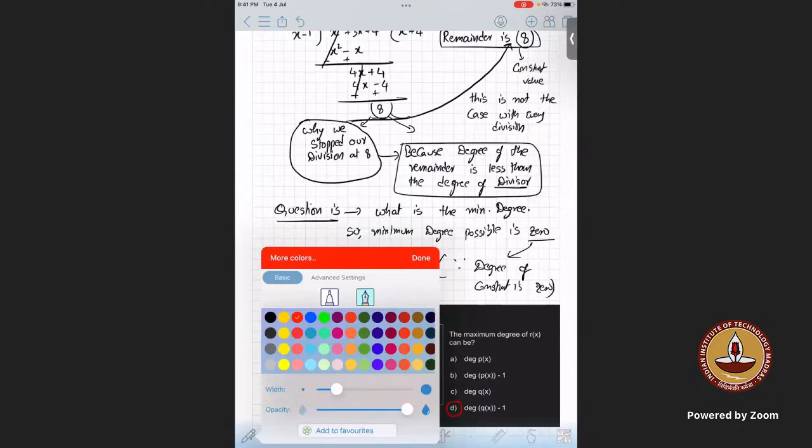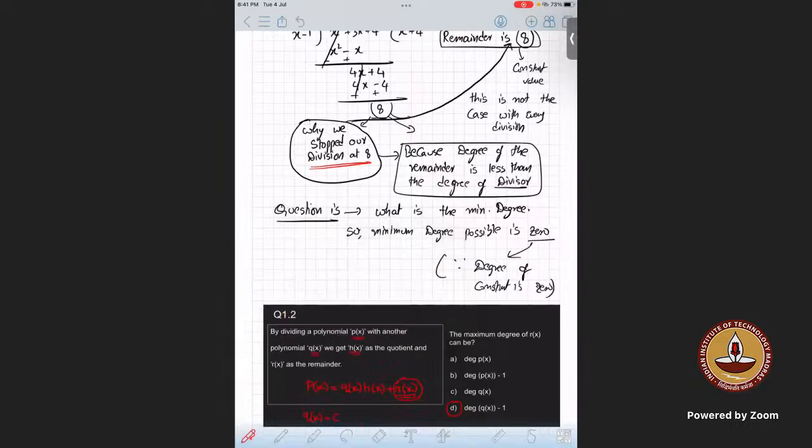Why did we stop division at 8? Because the degree of the remainder is less than the degree of the divisor. That is the reason why we stopped the division.